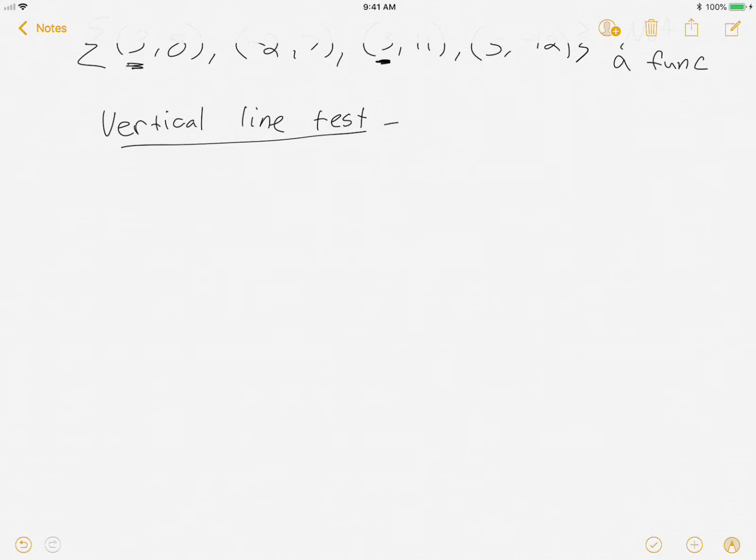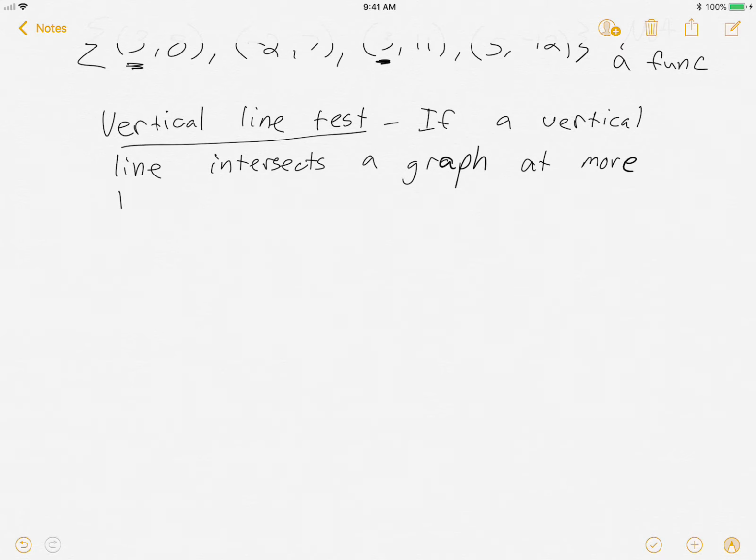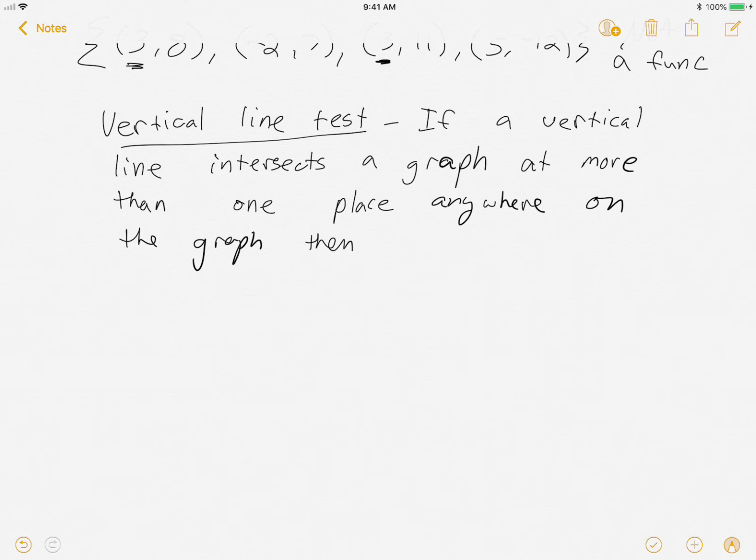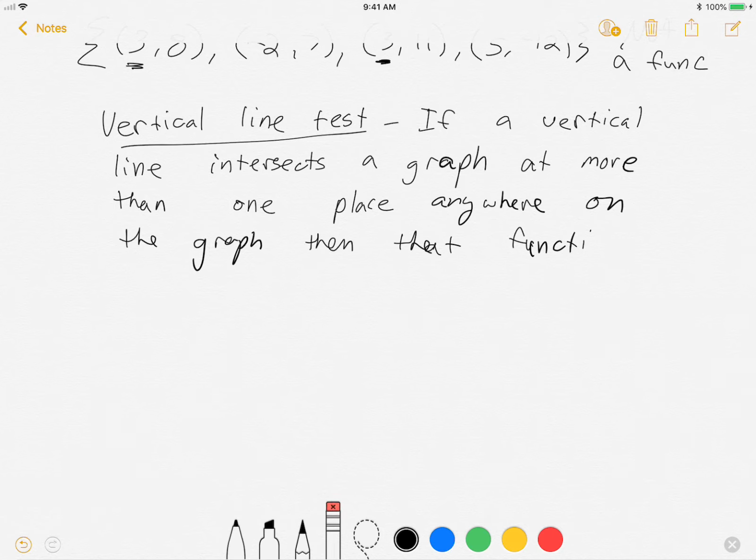The vertical line test says if a vertical line intersects a graph at more than one place anywhere on the graph, then that graph is not a function.